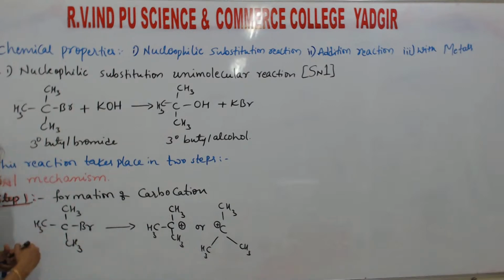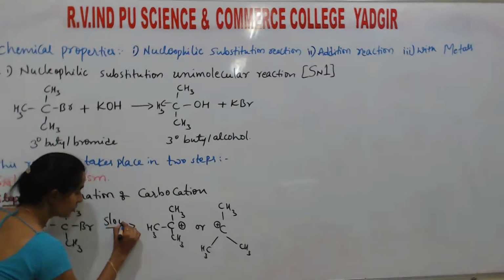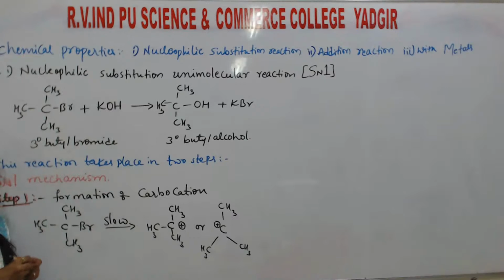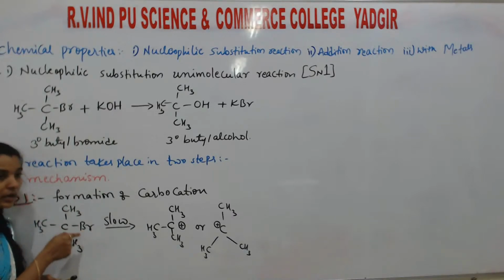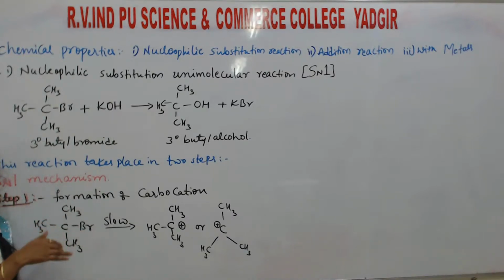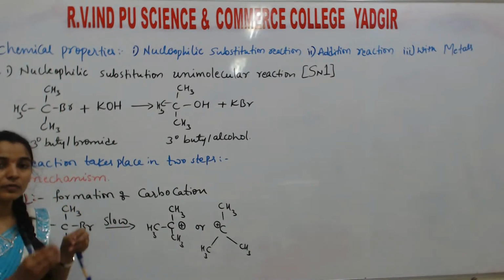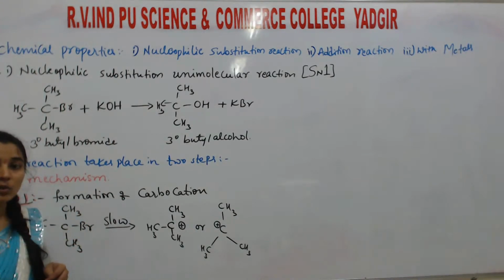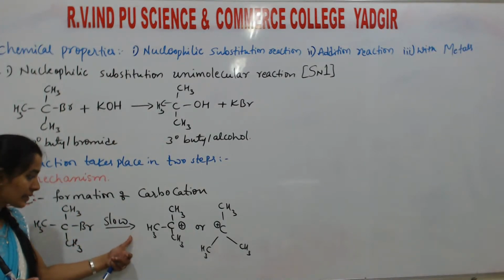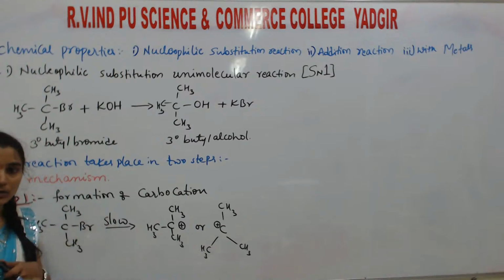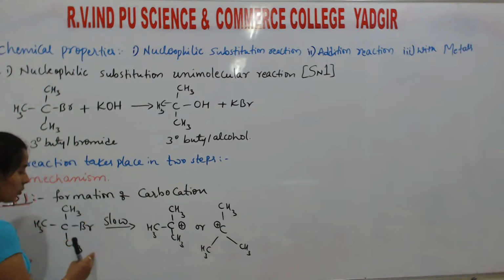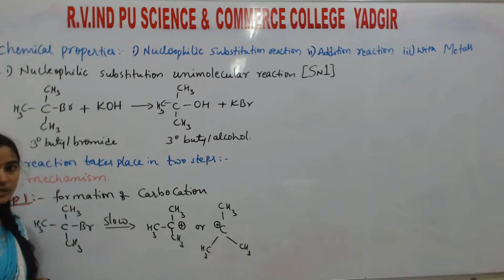Listen students, this is the slow step and this is the rate determining step. In the previous chapter I explained that if a reaction takes place in two or more steps, then the order of the reaction is explained by the step which takes place in a very slow manner. In this step only tertiary butyl bromide is present.